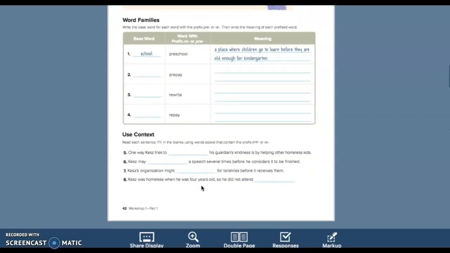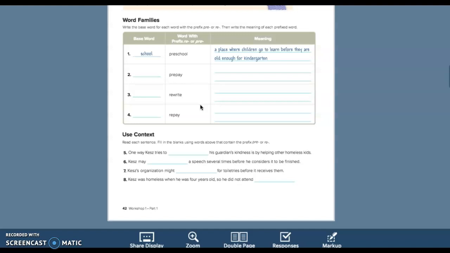Now I want you to use these context clues. One way Kez tries to blank his guardian's kindness is by helping other homeless kids. So one of these words, what could that be? One way Kez tries to preschool his guardian's kindness? No. Prepay his guardian's kindness?